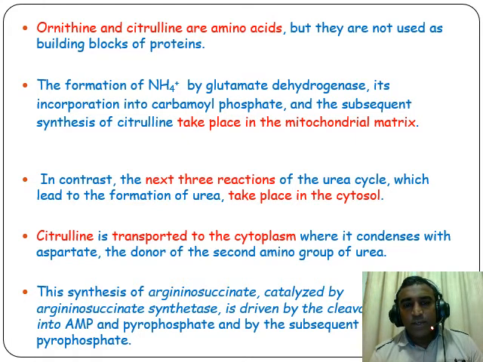Again, here I just want to highlight the important point that the reactions so far that we have described about the urea cycle are taking place in the mitochondrial matrix. The next three steps, that is from citrulline, will then come out from the mitochondria and go into the cytoplasm to carry out the next three steps.